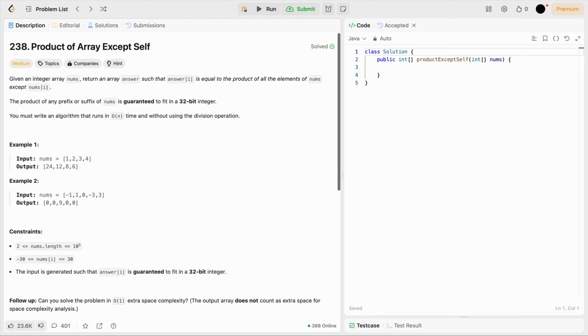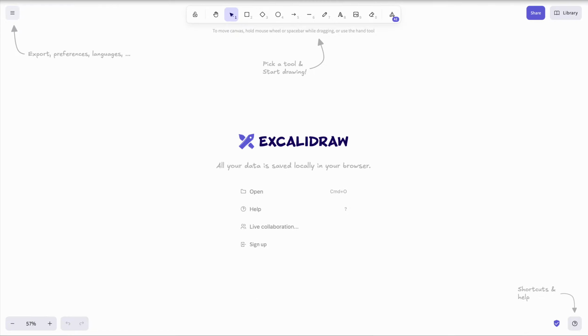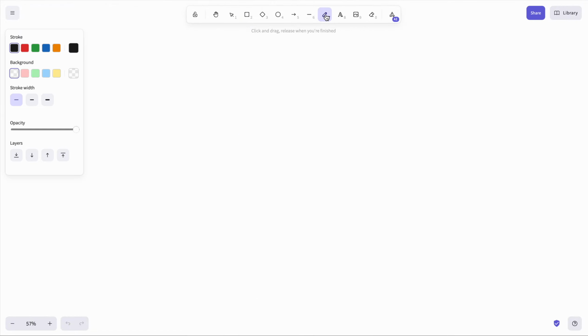The easiest way would be to just go through all the values, multiply them, and divide by each value. But here we cannot do that.